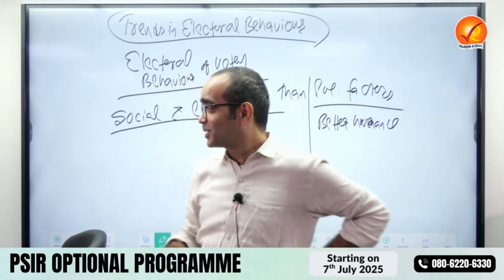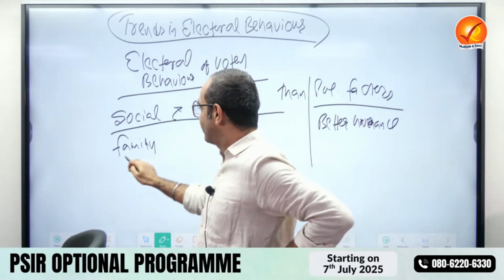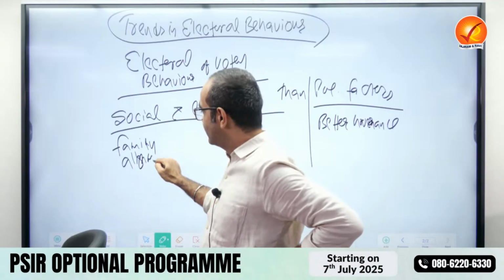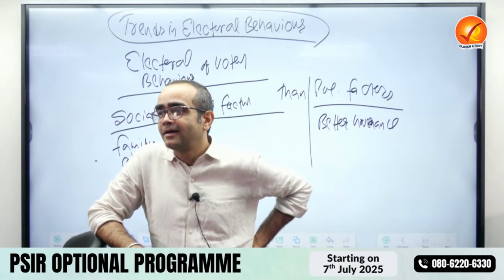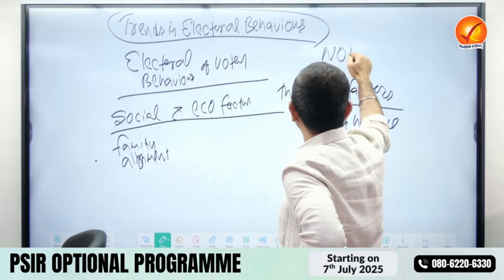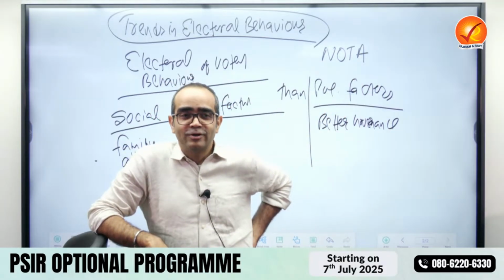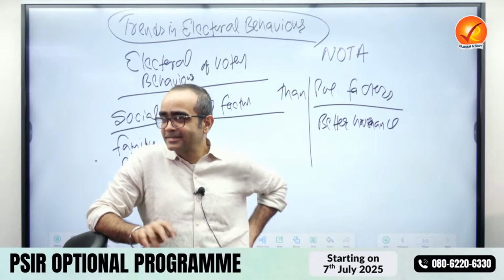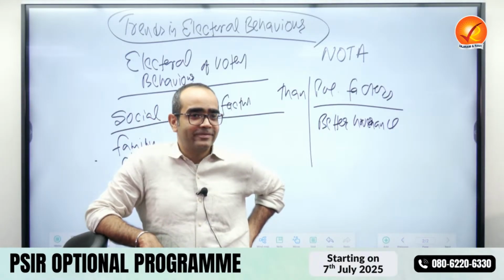Family alignment. Okay, family ties. Anybody else? Voted for NOTA. Okay, NOTA means none of the above, they are unsuitable. Fine. Any girls here? Did you vote? Better governance. Okay, fine. Anybody else? Different answer.